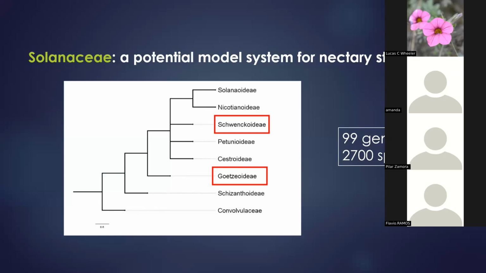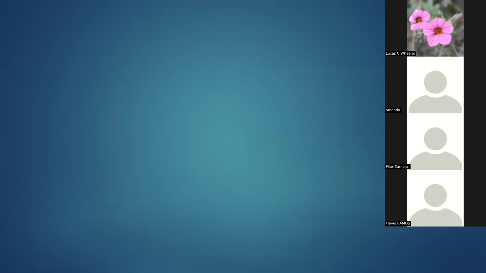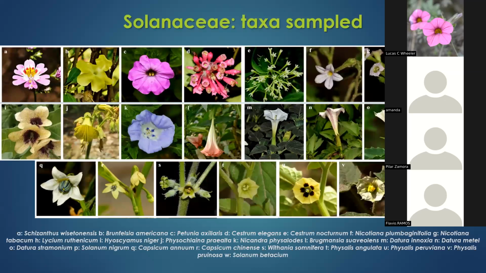The second reason for choosing this system was that the flowers within Solanaceae have floral forms of different types. The question that arose was whether a nectary changes with different floral forms or with floral symmetry.